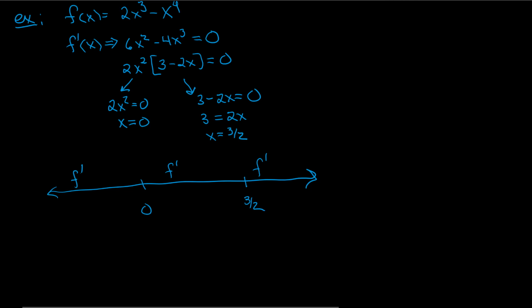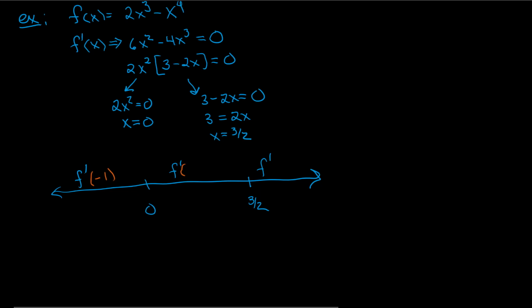Remember, the first thing I want to do is evaluate the function's derivative. So that means I need something first to the left of zero, like -1. In this middle interval, I can't use 0 this time because 0 is the endpoint, but I can use +1. And then to the right of 3 halves, I can use something like 2.